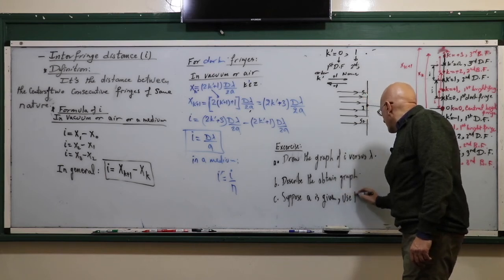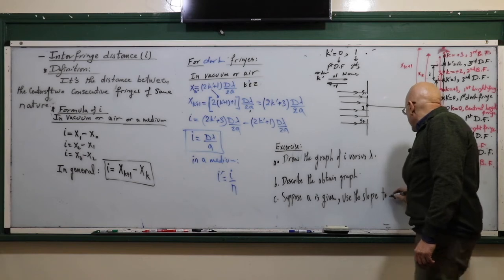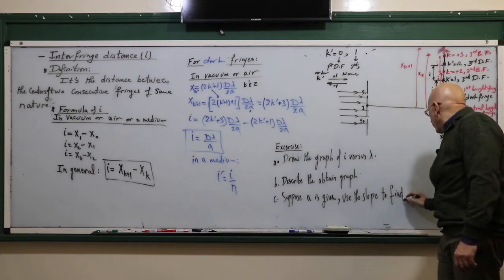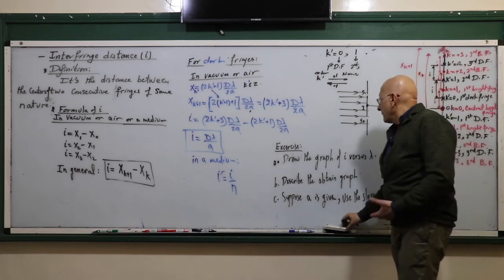Use the slope to find D, the distance of the screen.